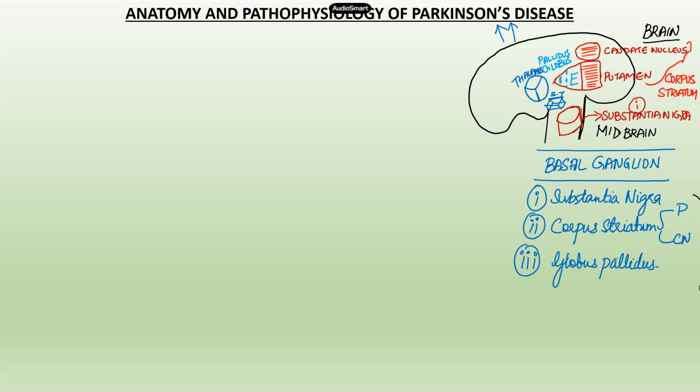Globus pallidus is divided into globus pallidus externa and globus pallidus interna. Fourth is your thalamus, and fifth is your subthalamus. Now all these parts constitute your basal ganglia. And the circuits that are involved with these five parts, if there is any pathology in them, it results in a neurodegenerative disorder which we refer to as Parkinson's disease.